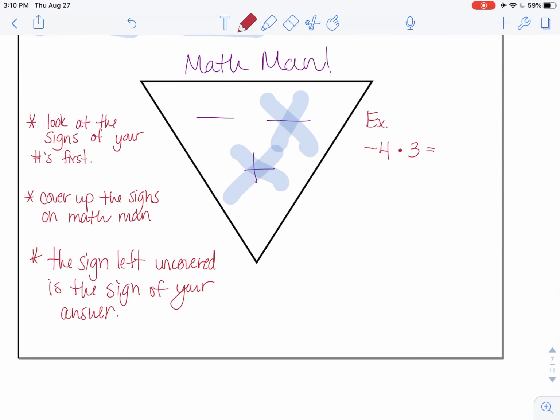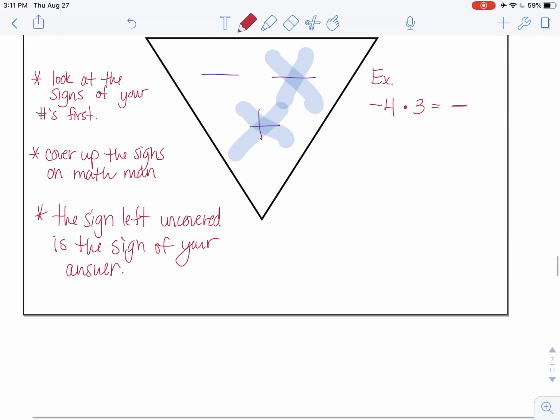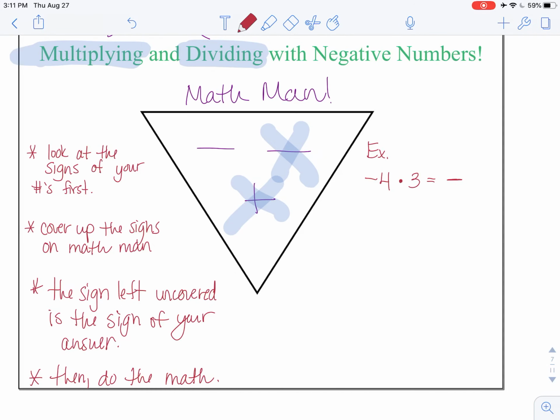So I said I had a -4, so I covered negative. +3, I covered the positive. What's left, what's not covered, is my negative. So that is the sign of my answer. Then I'll do the math. And then, so I know it's negative, and 4 times 3 is 12.